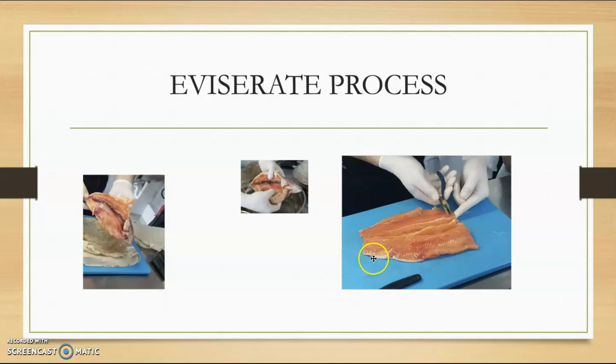We still have the skin on, but we have no bones here. We are working with the pincers. We remove the bones that are left inside the meat, so the consumer does not have the problem of bones in the meat.